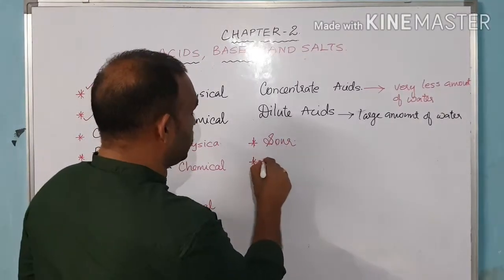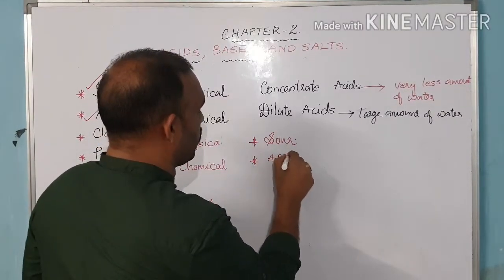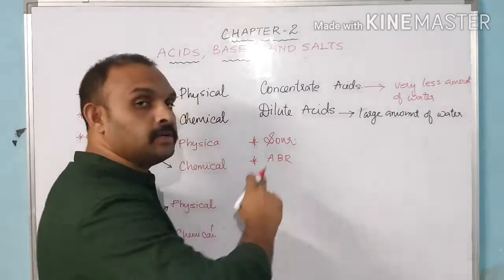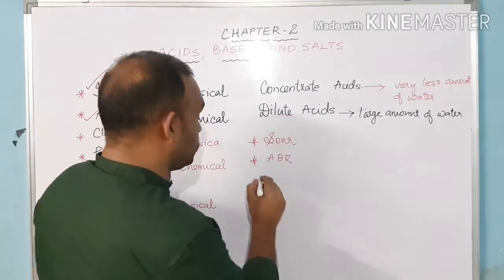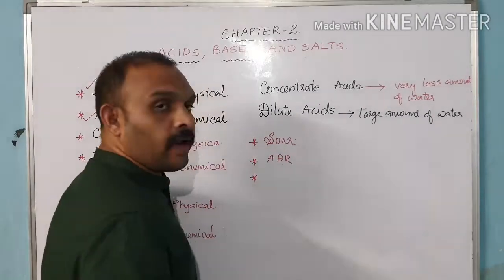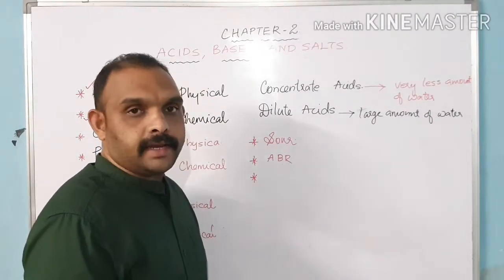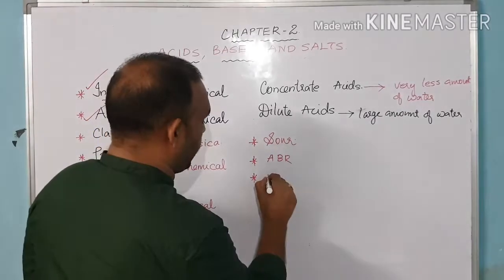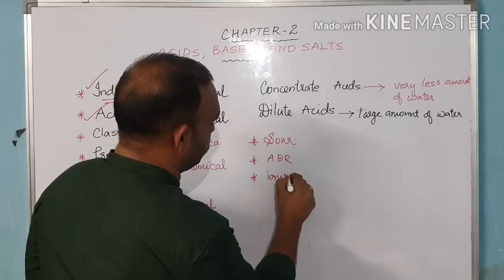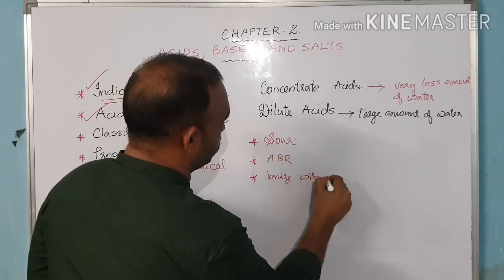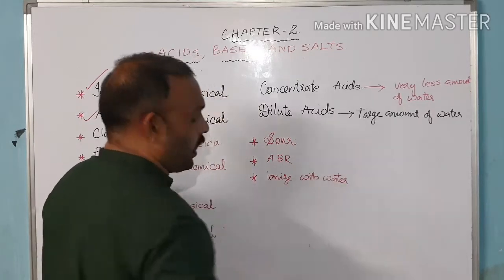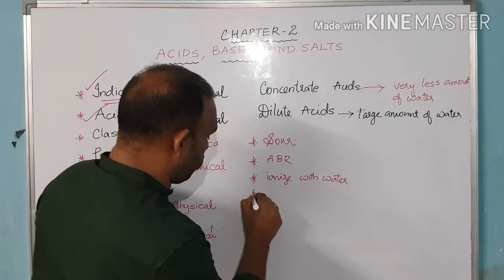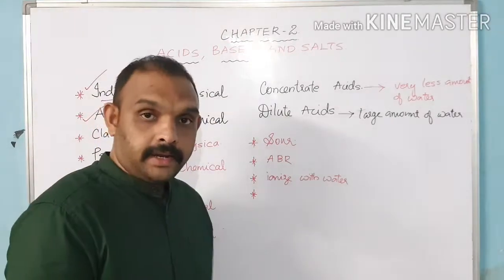Second physical property: ABR. What is ABR? Acids turn blue litmus to red. Third, all acids are good electrolytes. That means they ionize with water. Fourth, all acids are good conductors of electricity.